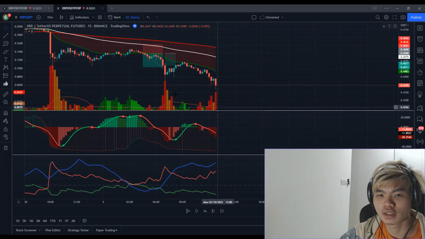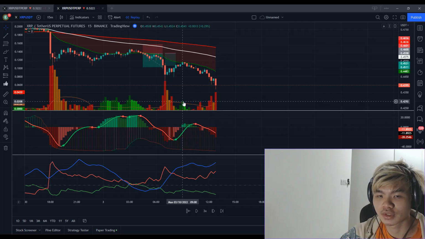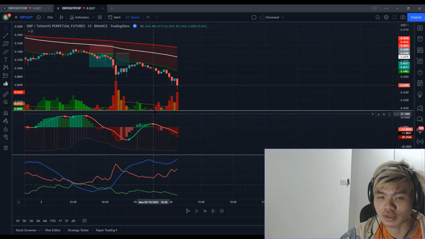And I don't talk much about the WAE, but I think it's still important. A volume oscillator is always important. In this current bar, we can see that there is decreasing volume. The dark green became light green, lesser light green, and then slightly dark green, and then we see a red color. Then on this exact bar there was no volume.